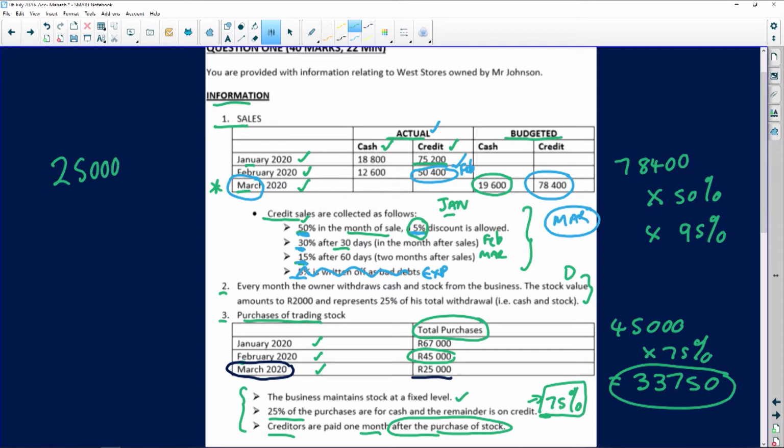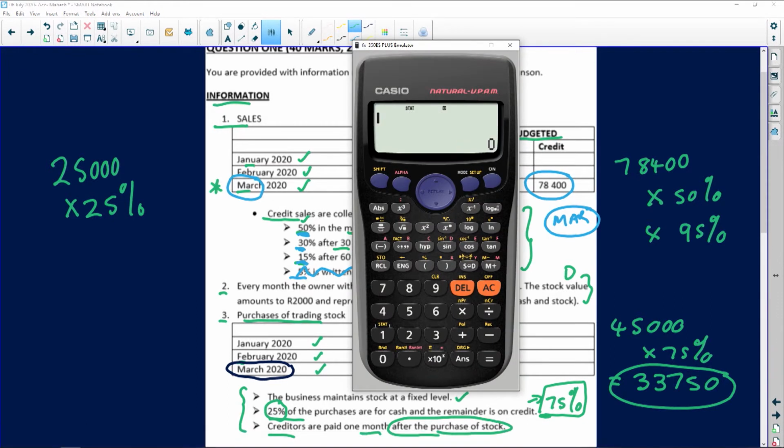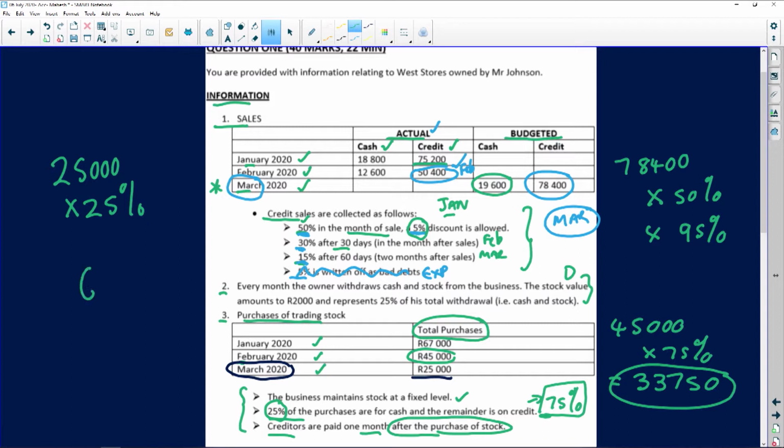And remember, my cash purchase is 25%, the info that I read earlier. So if we multiply that by 25%, my cash purchase of stock for the month of March, 25,000 times 25%, is an amount of 6,250. Okay, so let's take that through to our cash budget.